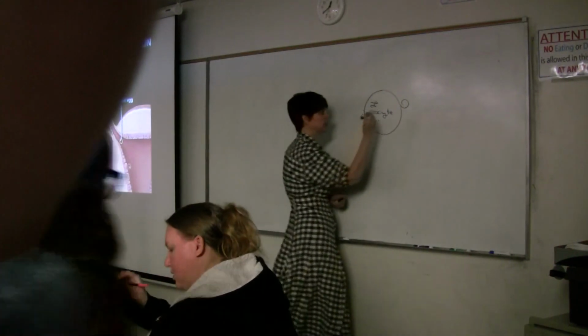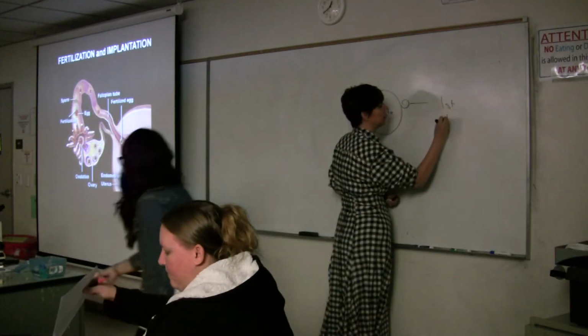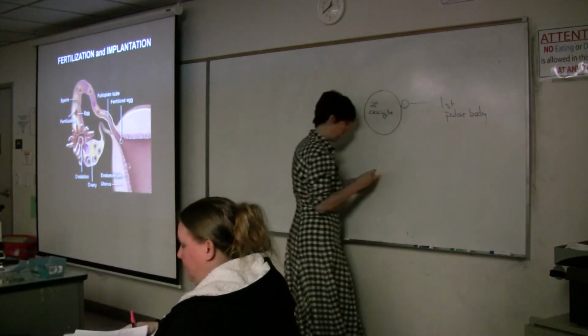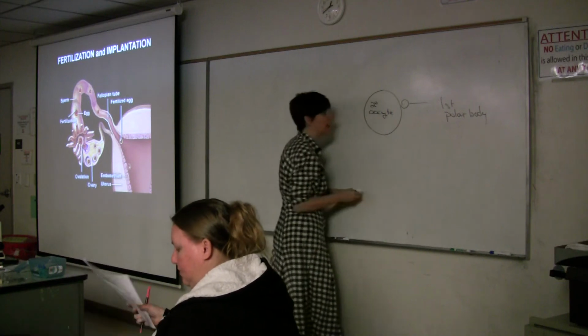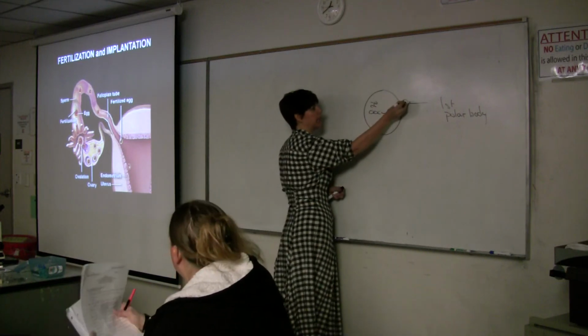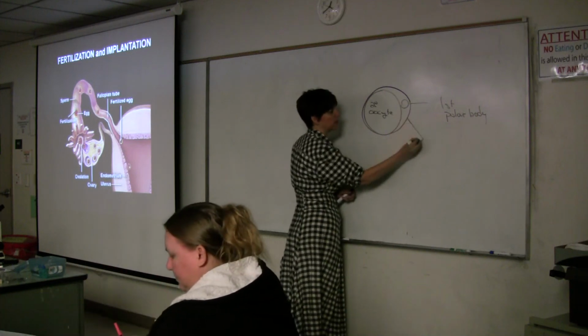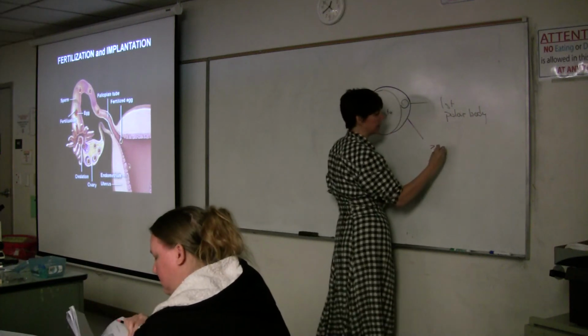First polar body. And all of that is going to be surrounded by the protein coat, which would be the zona pellucida.